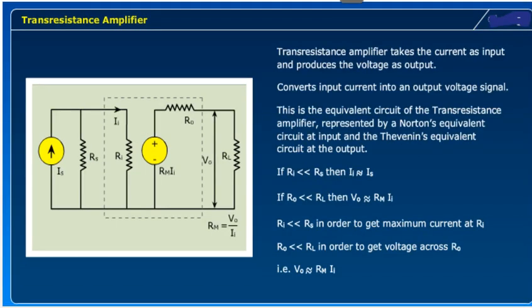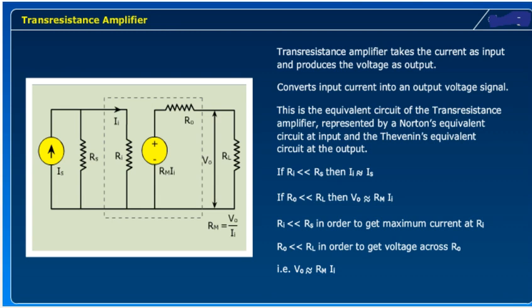Next we will see the trans resistance amplifier. The trans resistance amplifier takes a current as input and produces a voltage as output, converting the input current into an output voltage signal. This is the equivalent circuit of the trans resistance amplifier, represented by a Norton's equivalent circuit at the input and a Thevenin's equivalent circuit at the output. Here, if Ri is less than Rs, then II equals Is, and if R0 is less than RL, then V0 is directly proportional to Rm into II.